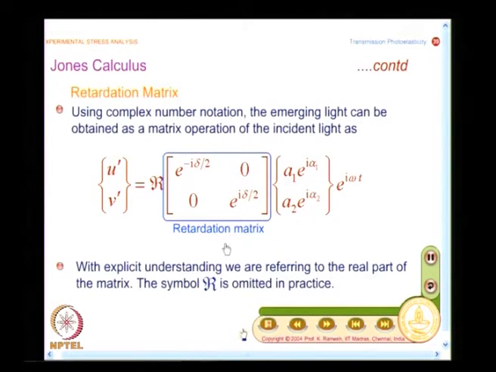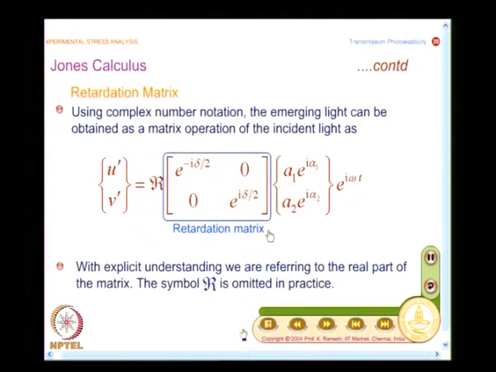And in all our mathematical development, we will not write this explicitly, for convenience. We understand that we deal only with the real part, and we will simply have the retardation matrix written as such.